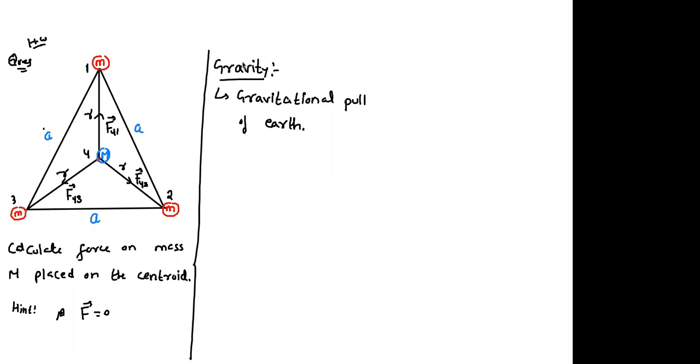Means if this is the surface of Earth, so this is Earth. The radius of Earth is capital R.